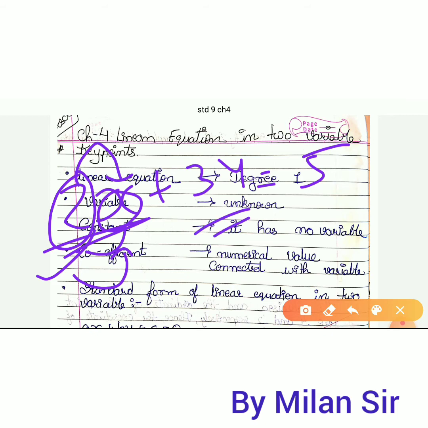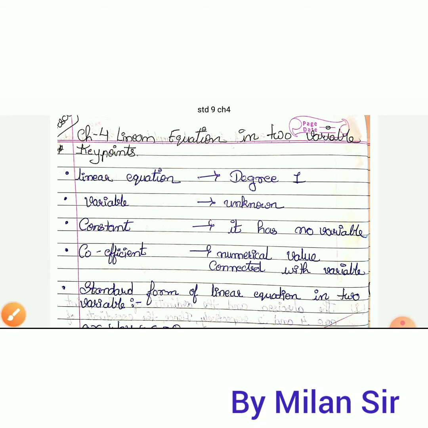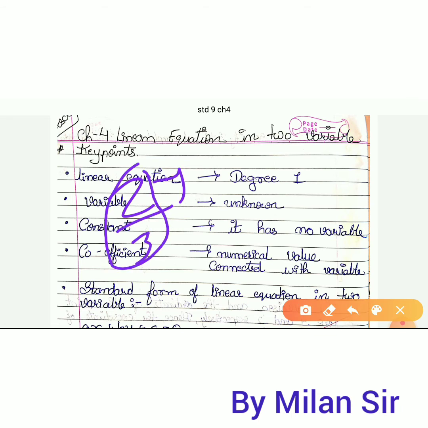In the second term, 3 is the coefficient of y. The numerical value connected with the variable y is called the coefficient. If we have something like 2 by 3 y, then 2 by 3 is called the coefficient of y.